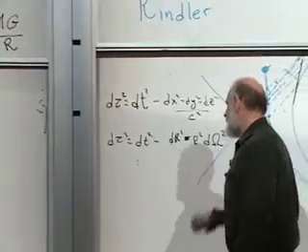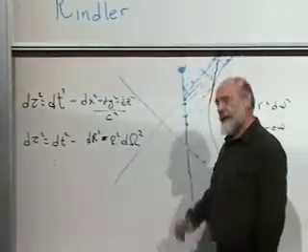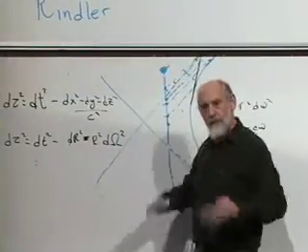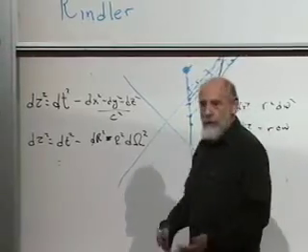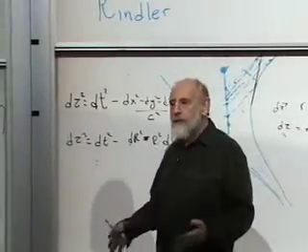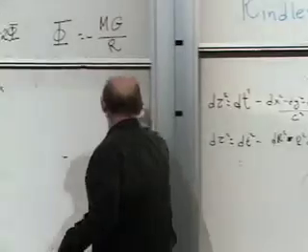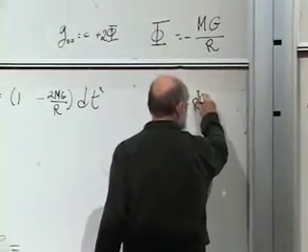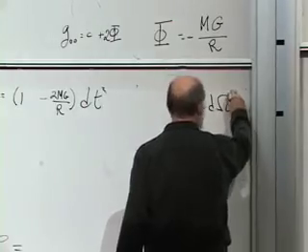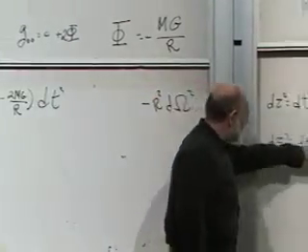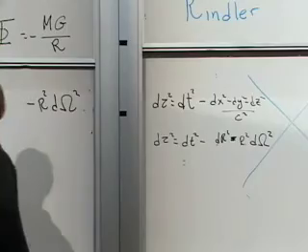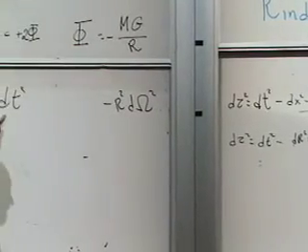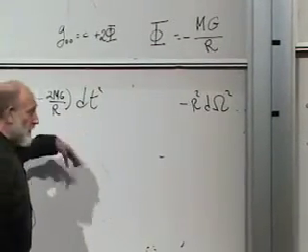This term here is unaffected. This is the angular part on the sphere. It turns out, when you work out the equations, no effect on it, just exactly the same. So minus r squared d omega squared. And this term is also slightly affected in a manner similar to this one. This is the hard part.